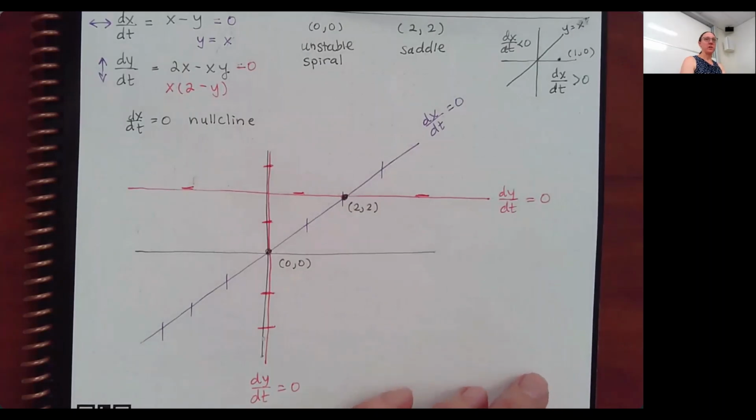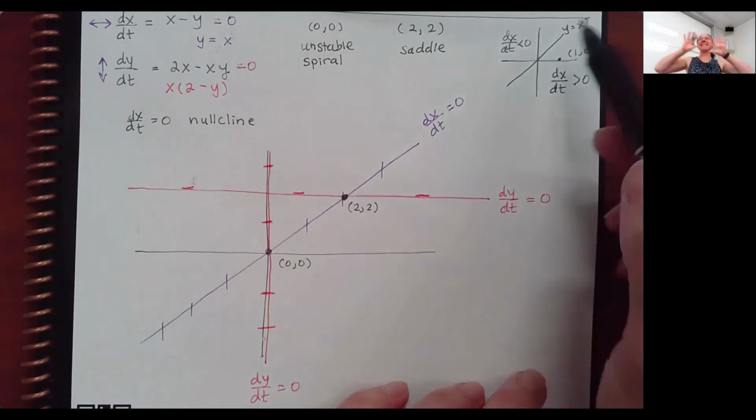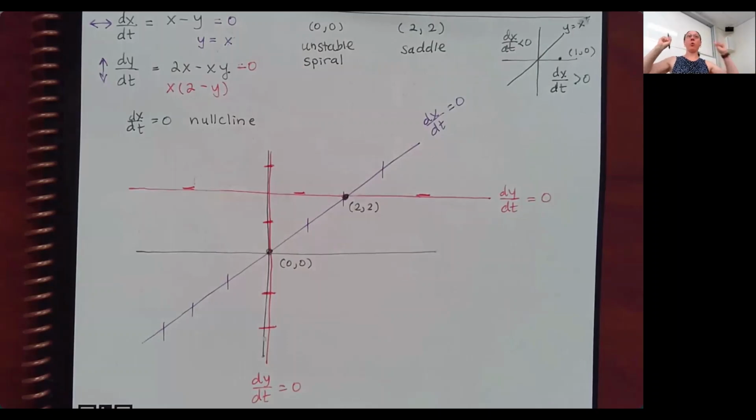So if we do these as separate, and I figure out my left rights, and then I figure out my up downs, and then I stack them on top of each other, that's kind of what you've been seeing in lecture, right? It's not the way I approach it.